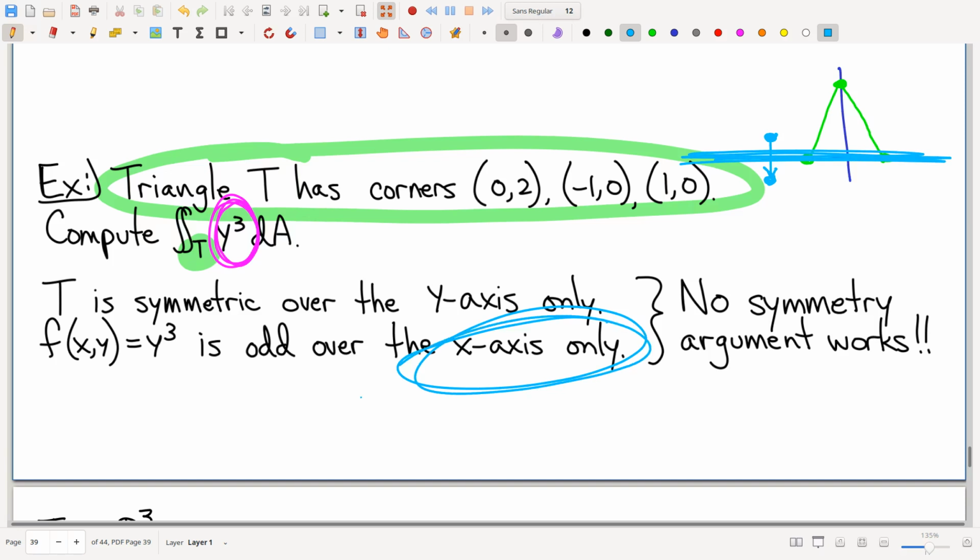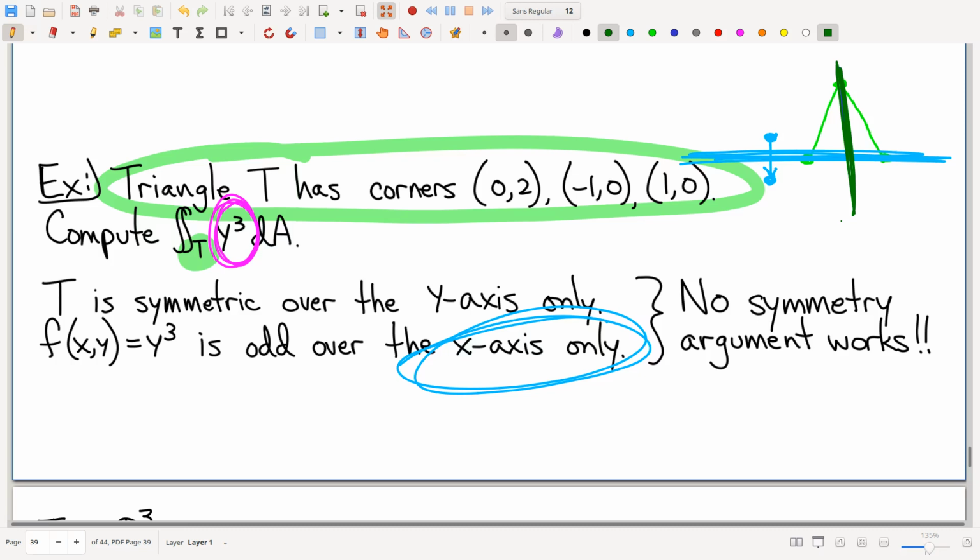So what we have here are 2 different symmetry lines. The domain is symmetric through the y-axis. The integrand is odd through the x-axis. Different lines, no argument. There is no symmetry argument to be had here. Does that make sense to everybody? No odd symmetry argument. Okay, so heads up, please don't step on that landmine.